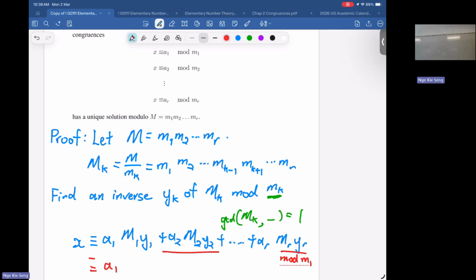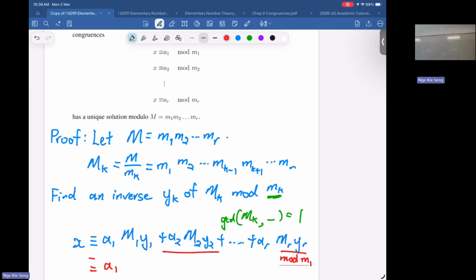But then what happened to this term here? There's no m1. But then what does this y1 do? This y1 is the inverse of M1 mod m1. So these two multiplied together, after modding out by m1, return 1. That's why it returns you a1.